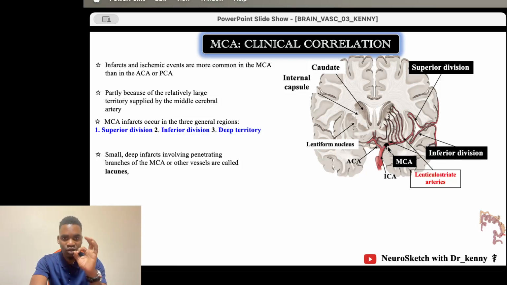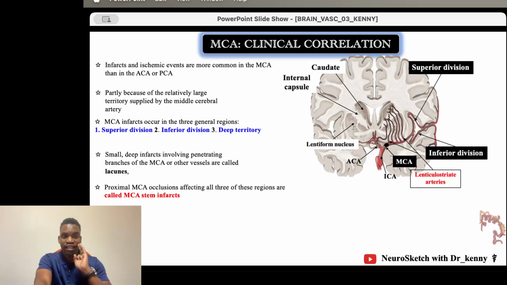This occlusion will affect all other parts distal to it. So the deep territories will be affected, the superior division will be affected, and the inferior division will be affected. And this is what we call the middle cerebral artery stem infarct.